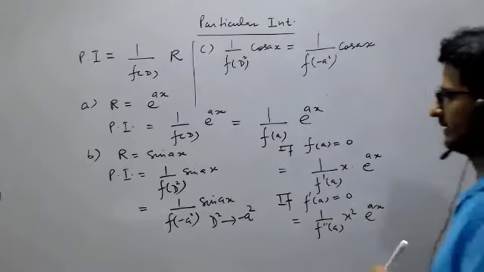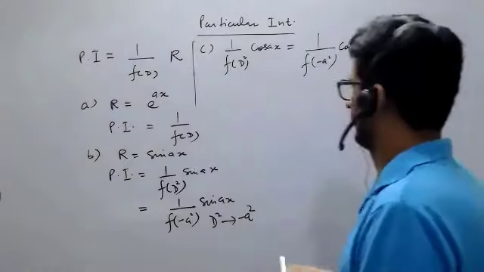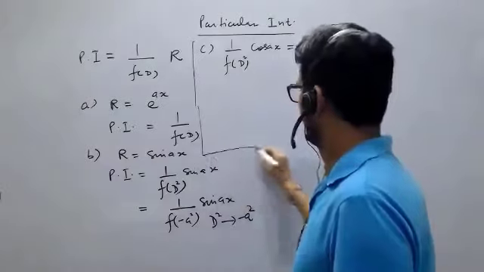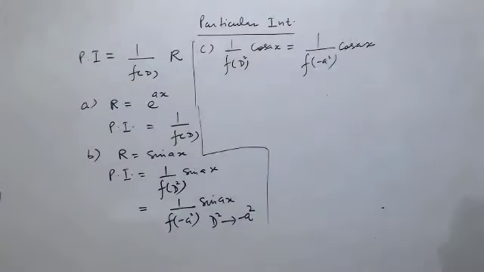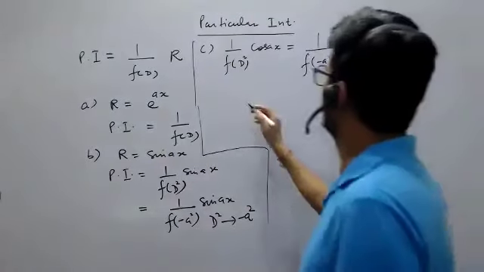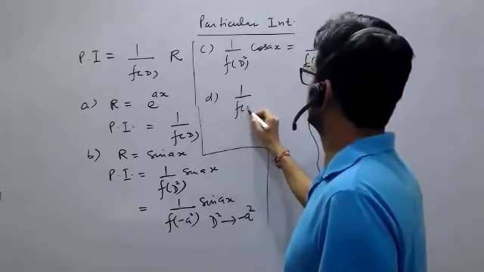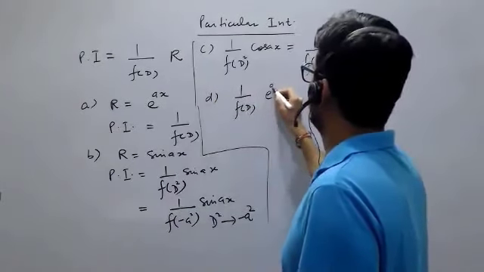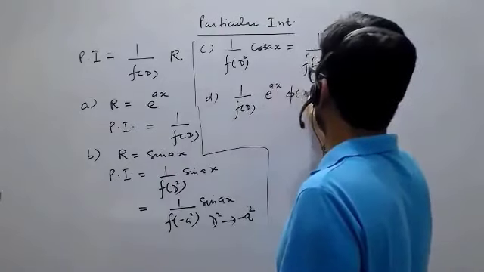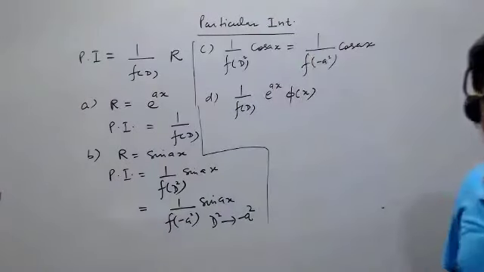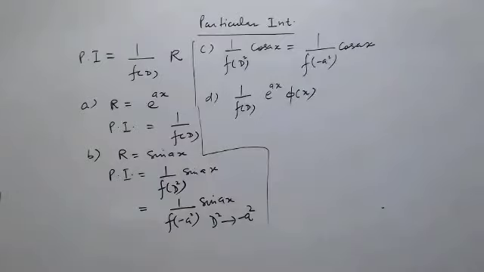The next case that I am going to take is C, and that is, suppose you have a function like this, 1 upon f(D), and on this side you have an exponential function as well as another function. Two functions are multiplied.